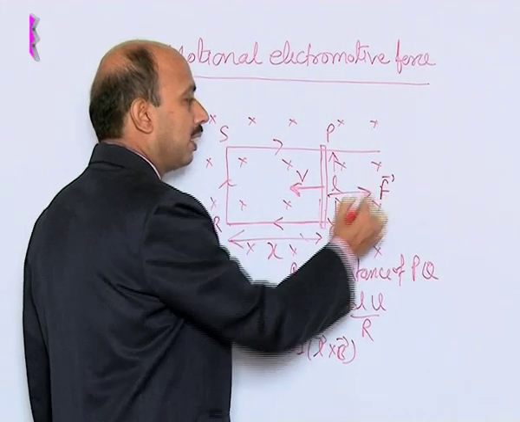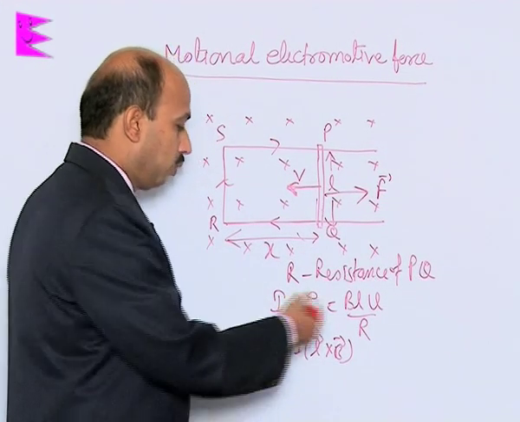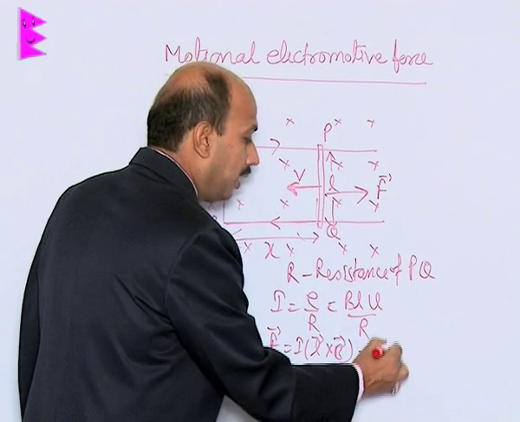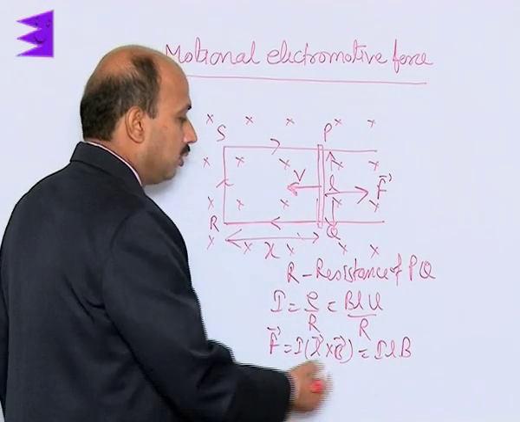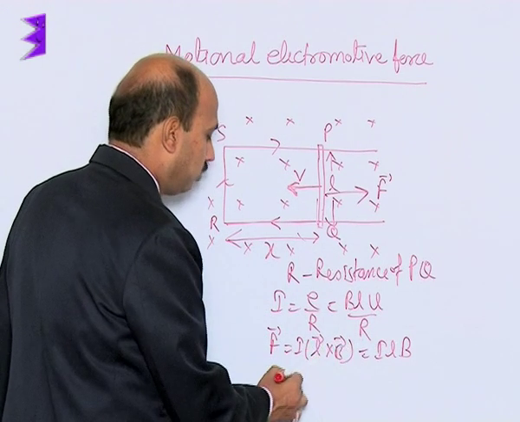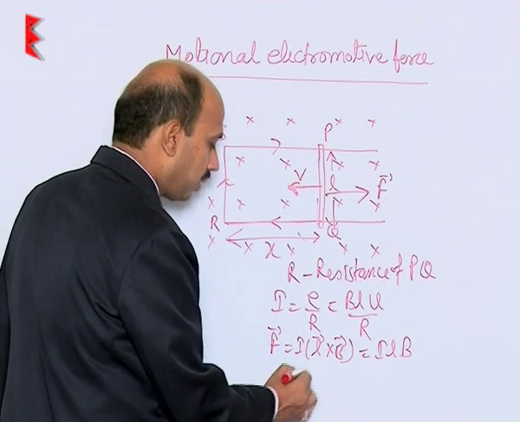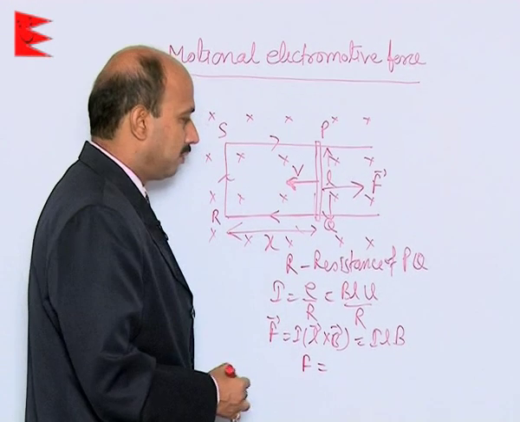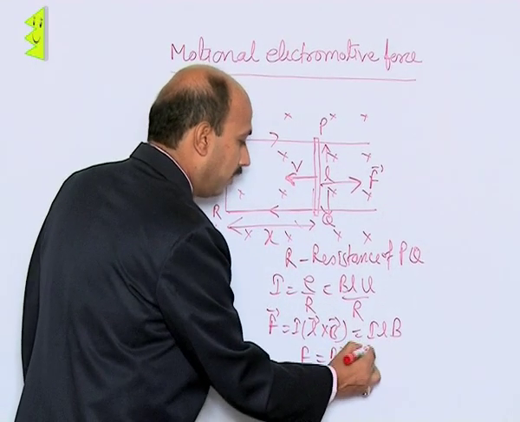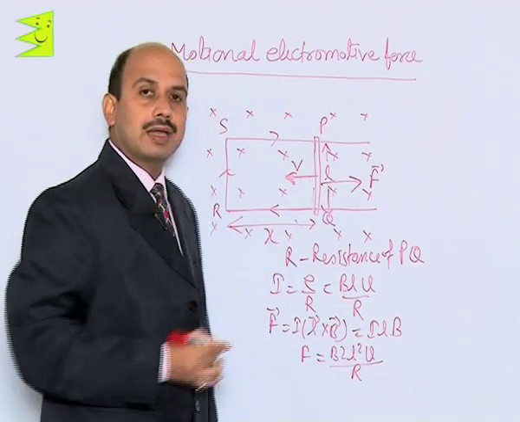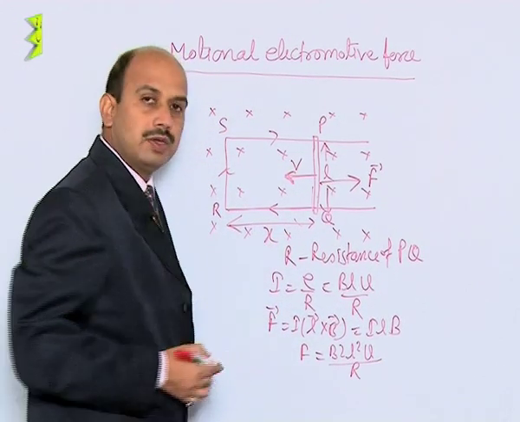We can write ILB, because theta we can take as 90 degrees. Putting the value of I, the magnitude of the force is F is equal to B square L square v upon R. This is the magnetic force acting on the rod PQ.